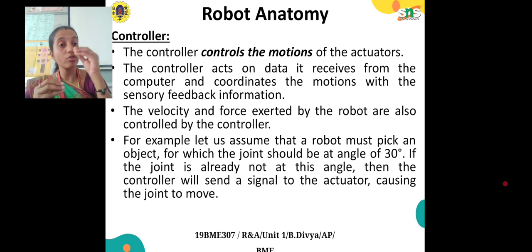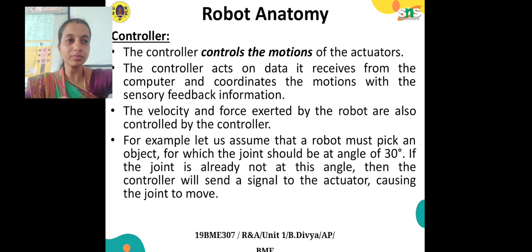If the joint is not already at that angle, the controller will send a signal to the actuator, causing the joint to move. The controller sends information to the actuator to bring the joint to the correct angle. These are the uses of controllers present in the robot anatomy. Thank you.